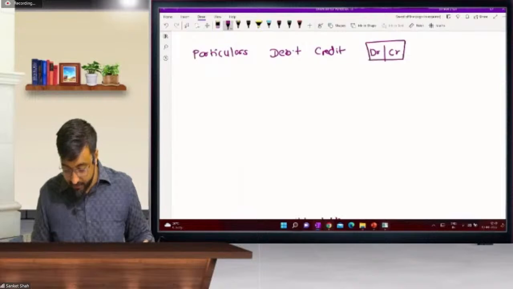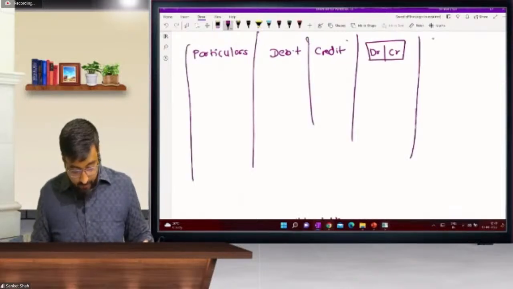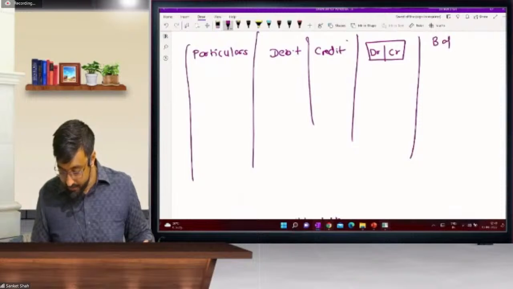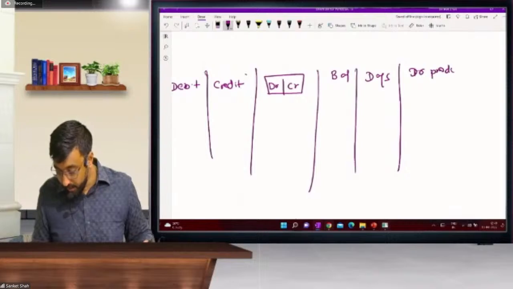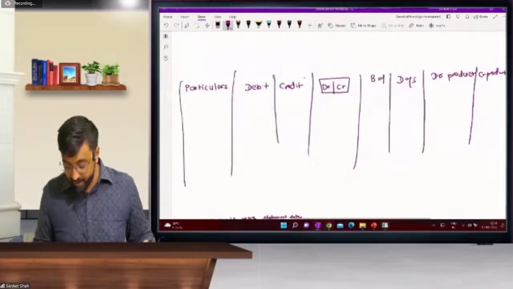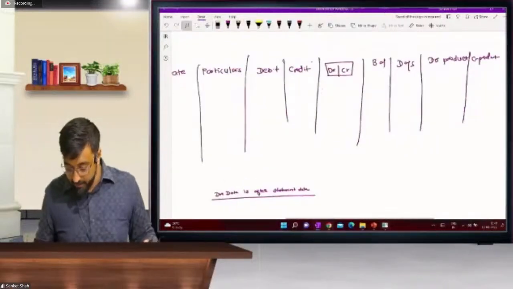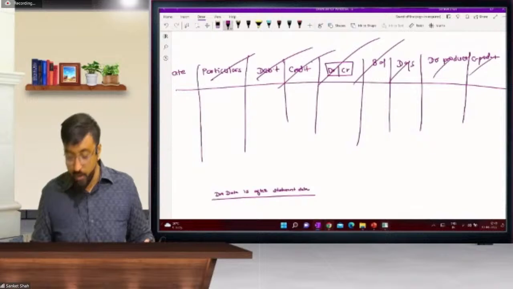Now this is a 4th table. 5th column, debit or credit. Then you will write balance, 6th column. Then you will write days, 7th. Then debit product and credit product. Write down these columns in comment section. चलो comment section में जल्दी से लिखें. 1 2 3 4 5 6 7 8 9. 9 columns are there.